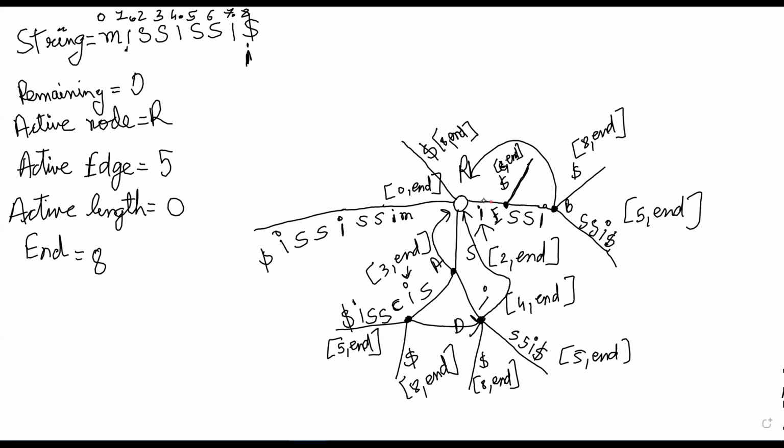So we can see that ISSI is our longest repeating substring in our given question. So what we understood from this is the longest repeating substring is always gonna be between the root node and the deepest node available in our tree, which is the farthest node from the root node.